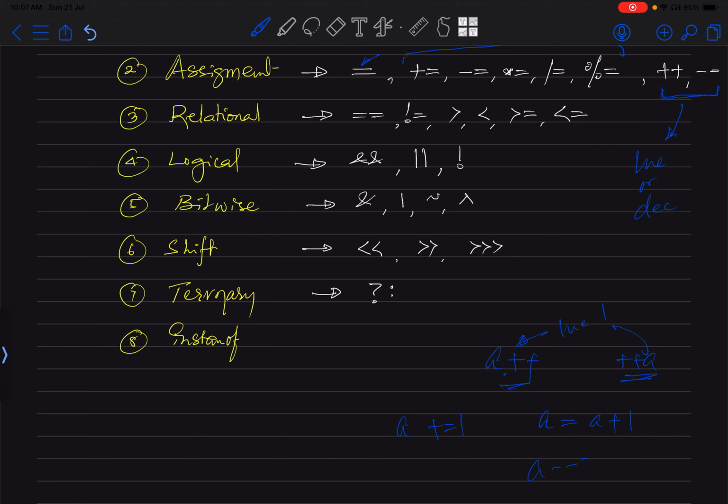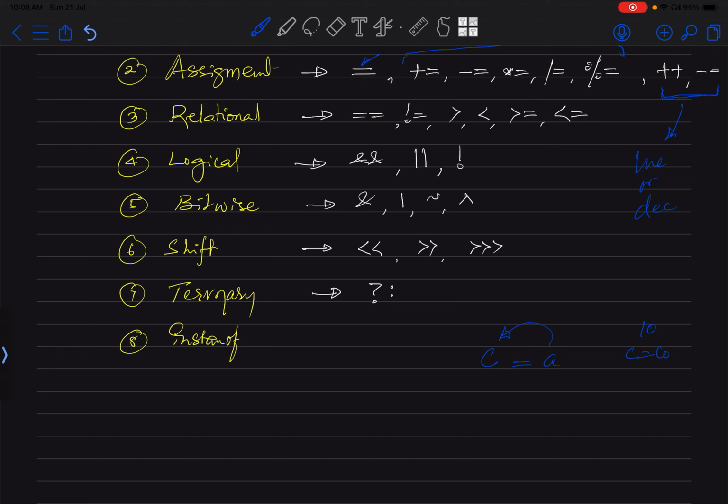But one important thing to understand is when you're using it along with some other expression. For example, if I say c equal to a, the value of a is assigned to c. If a is 10, after this c will also become 10.